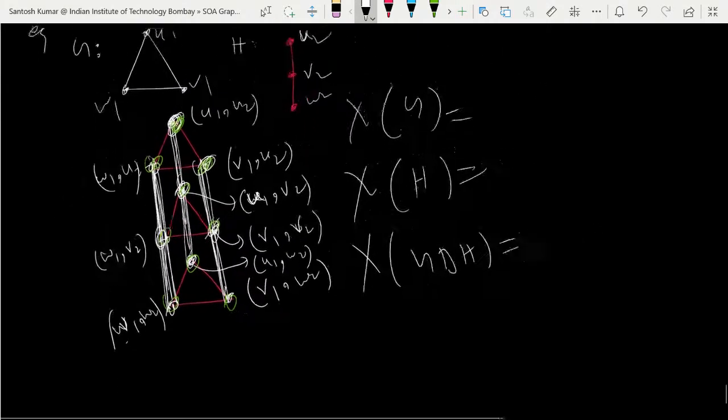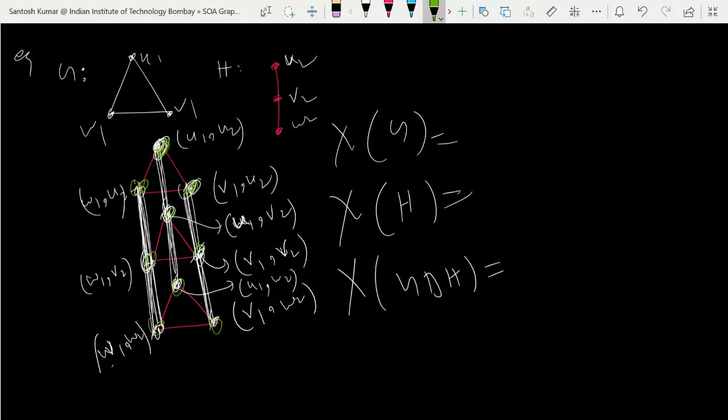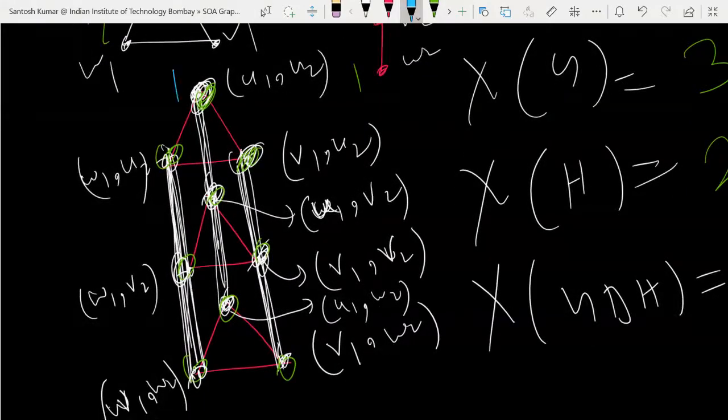Okay, you can check the condition. Yeah, the chromatic number of G is 3, of H is 2. So what is it for the Cartesian product? So 3. So it is 3. Yes. So you can label accordingly.